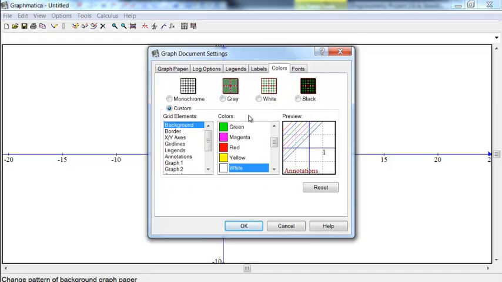And then for colors, if you start with this white back thing here, this will give you the basic thing, but you can actually go in here and change things. The background is white, the border I have a dark red, the axes are a dark red for me, or they can be. I don't think they were before, but let's say that they're dark line. The grid lines, I usually like to go with some kind of a dark gray.